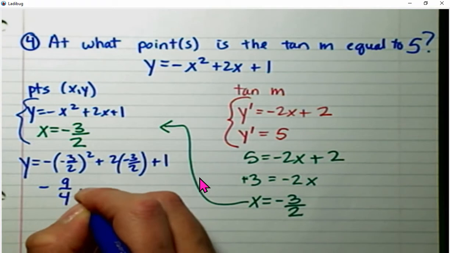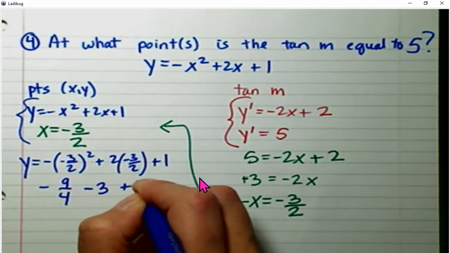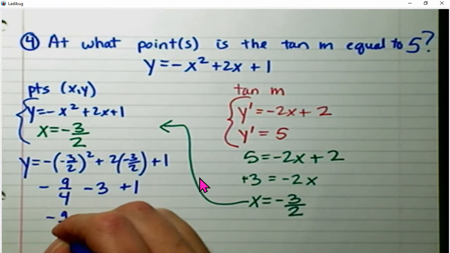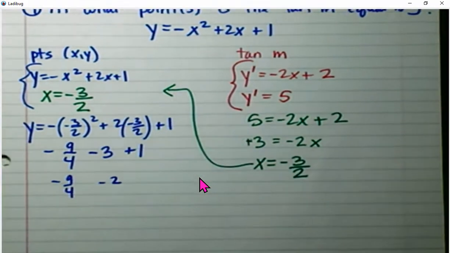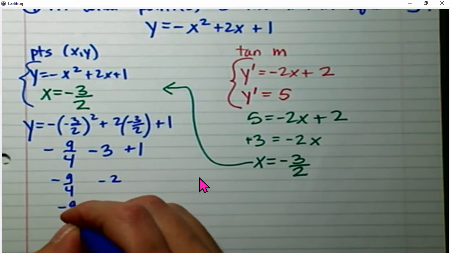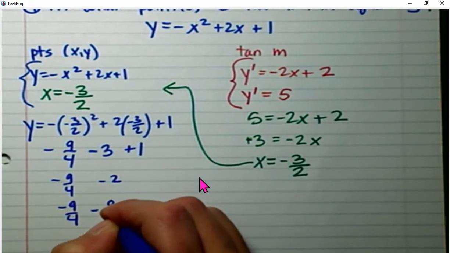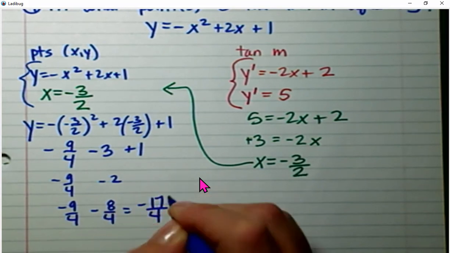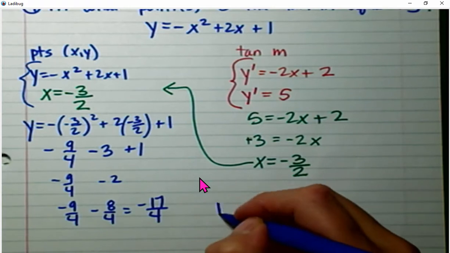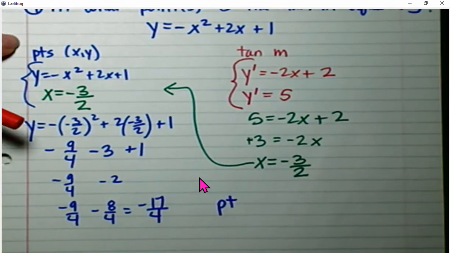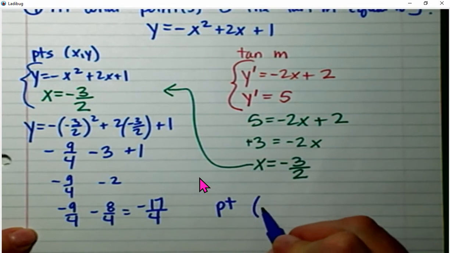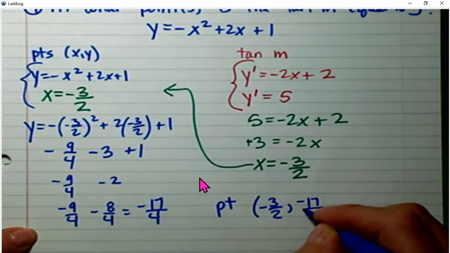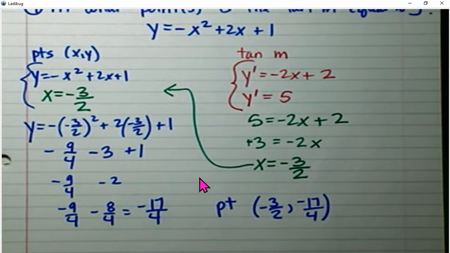Minus 9 over 4 minus 3 plus 1. So negative 9 over 4 minus 2. Okay, so the point which came from the first column is negative 3 over 2, negative 17 over 4.